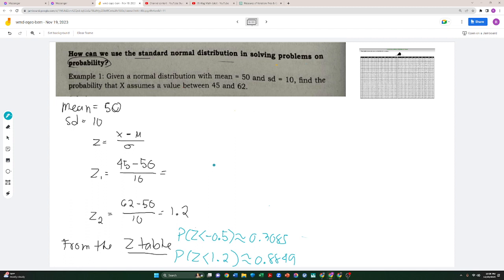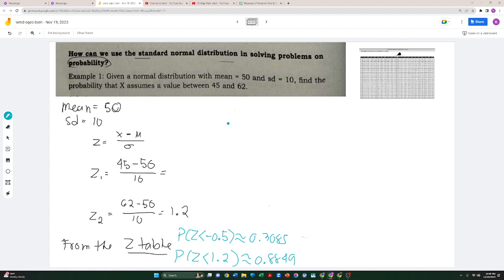so we use the formula again. We use the formula. The formula is that, okay, the formula is that.